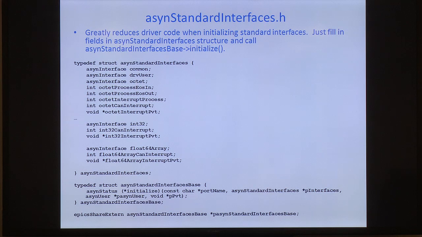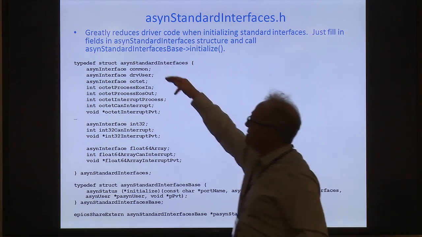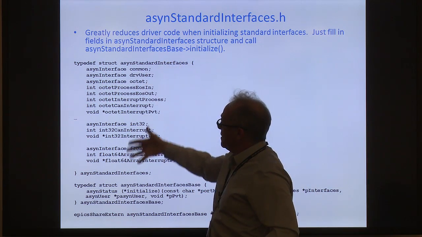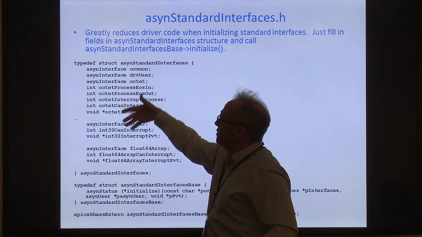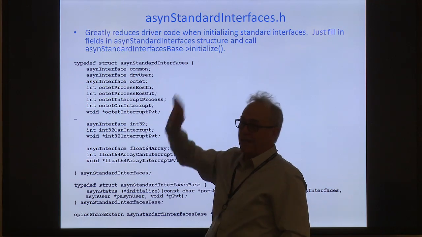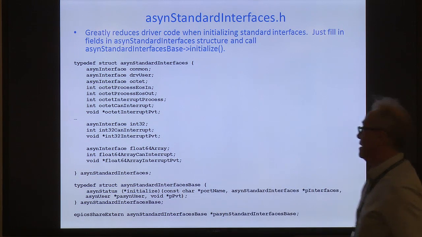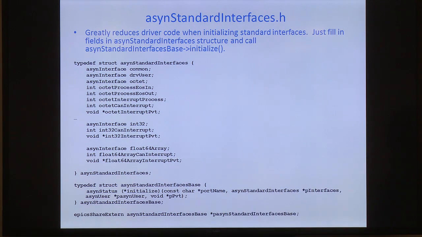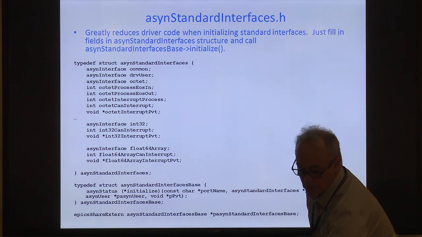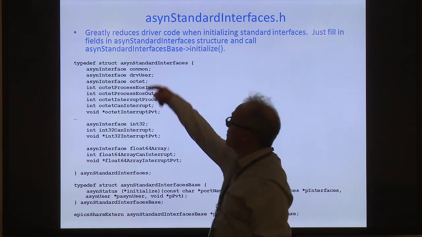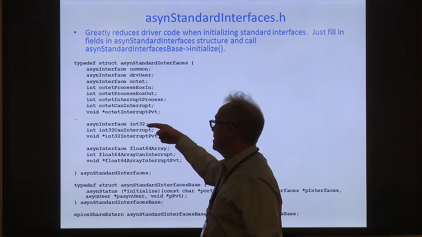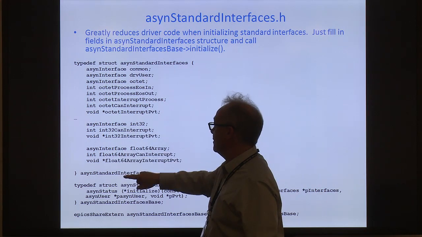And it turns out you get a lot of pages of busy work. So the first thing I did for writing a C driver was to simplify that, basically build a structure where you just set the fields in this structure and say go. And it does all that work of registering the port, registering the interfaces, registering whether they can do interrupts or not. So you give it a pointer to each of your interfaces and a flag that says it can interrupt or not.